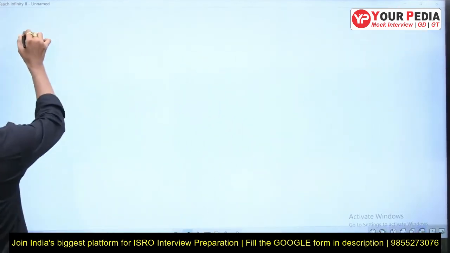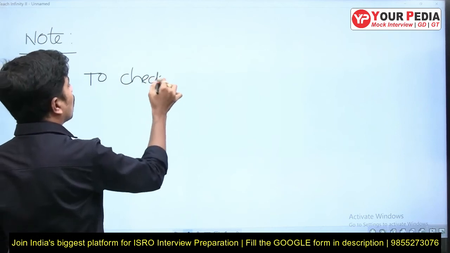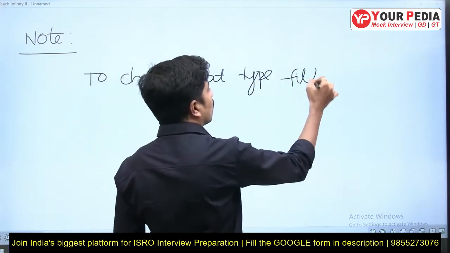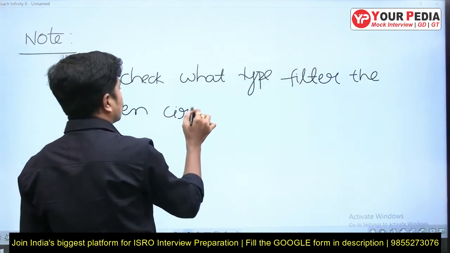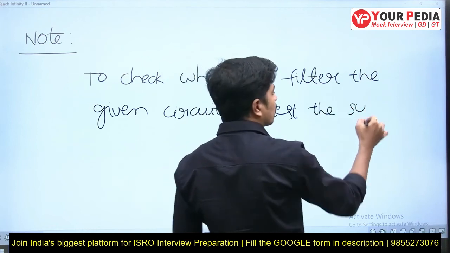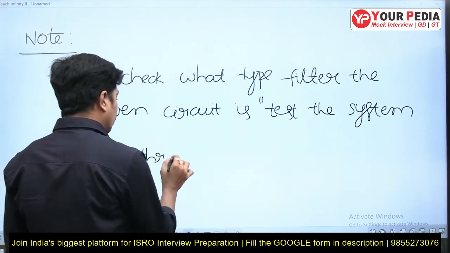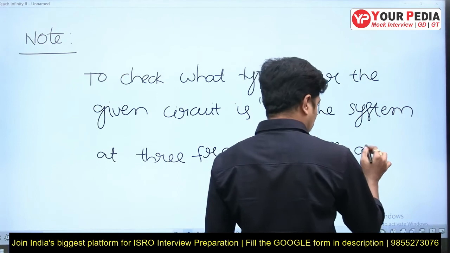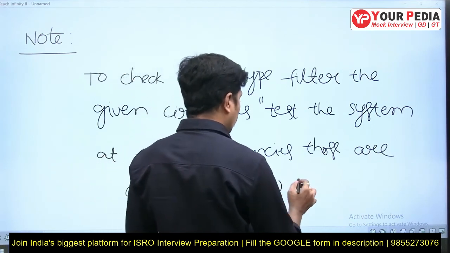Note, to check what type of filter the given circuit is, test the system at three frequencies: omega equal to 0, omega equal to omega n, and omega equal to infinity.